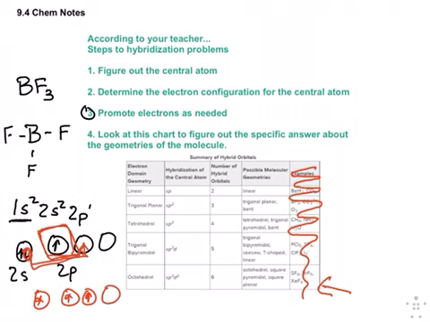So what would be the geometry for this one? How many hybrid orbitals did we make? 3. So I would look here. Your electron domain geometry would be trigonal planar, and then possible molecular geometries could be those 2.